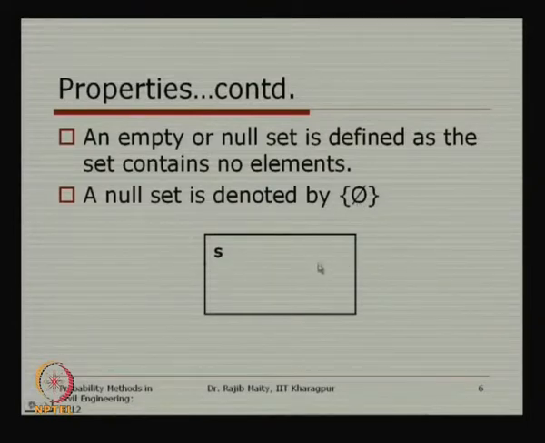In probability, the null set is generally the impossible set, an impossible outcome. For example, if I say the strength of concrete has some negative value, this is an impossible event, and this set is a null set which does not have any entry with a value less than 0.